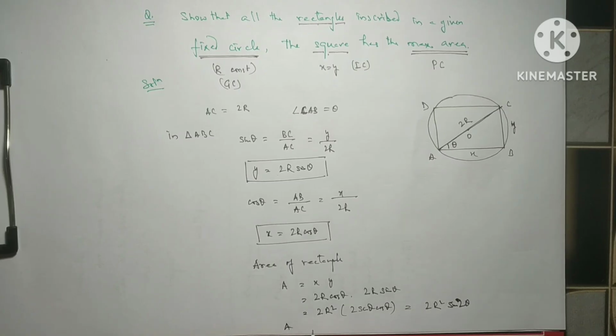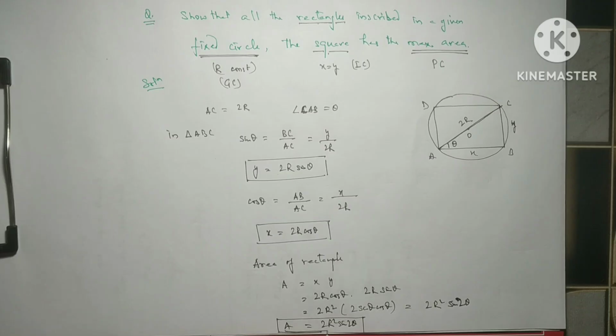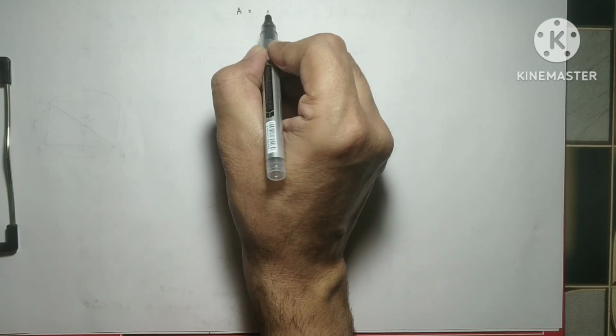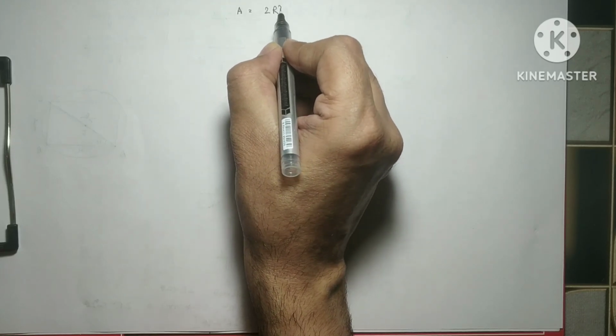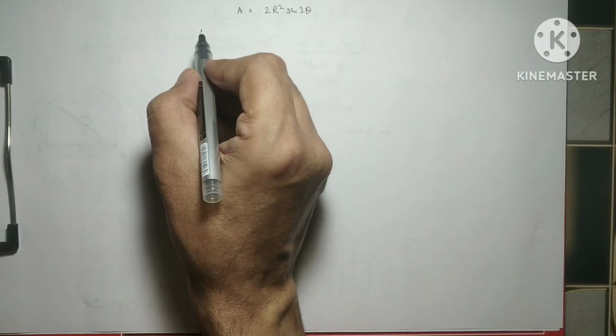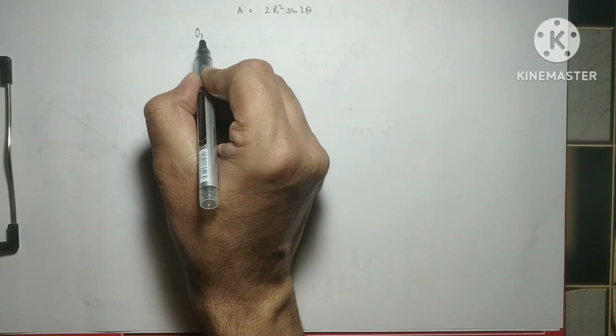So area is 2r square sin 2 theta. This is the required expression on which we will apply the second derivative test. So the area expression is 2r square sin 2 theta.